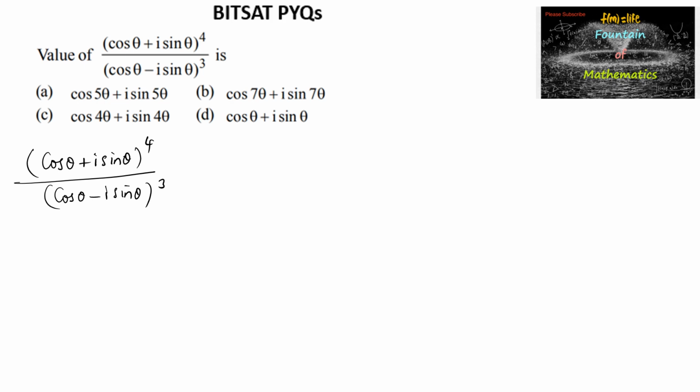We know that cis theta, that is cos theta plus i sin theta, is equal to e to the power i theta, and cos theta minus i sin theta is equal to e to the power minus i theta, that is cis of minus theta, since cos of negative theta is cos theta, so we can write e to the power minus i theta.